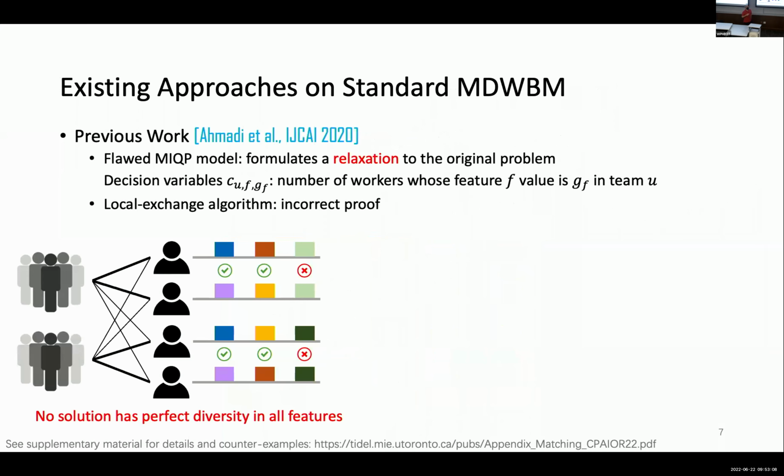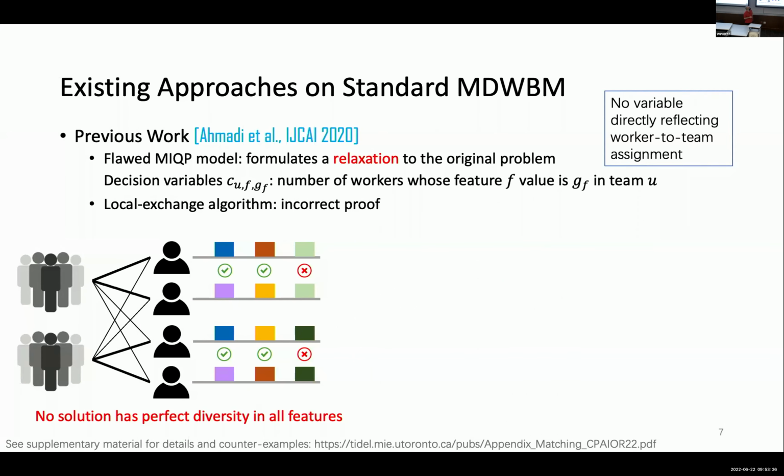Previous work from IJCAI, unfortunately, has some flaws in it. This was the paper that introduced the problem. Our motivation for doing this originally was that we were looking at solving quadratic unconstrained binary optimization problems, and this looked like a great problem for us. Unfortunately, we discovered that the MIQP model proposed in the IJCAI paper actually formulates a relaxation of the problem.